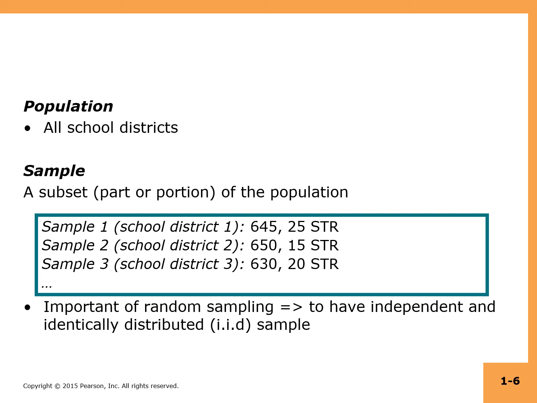Let me emphasize here the importance of random sampling. In statistical terms, we call this having an independent and identically distributed sample, or IID sample. It's important to have random sampling in order to have an estimate that is not biased.